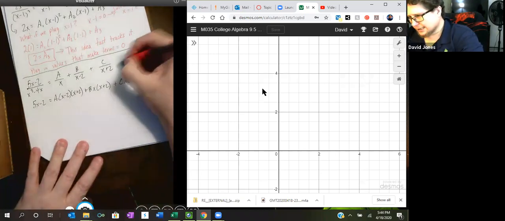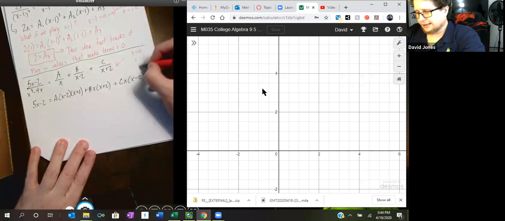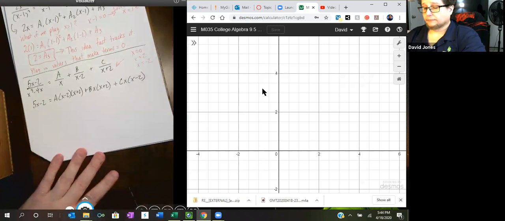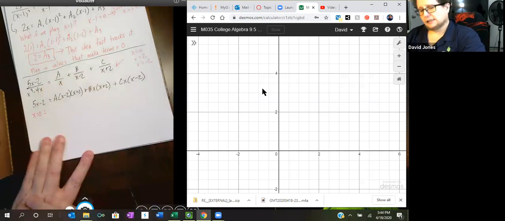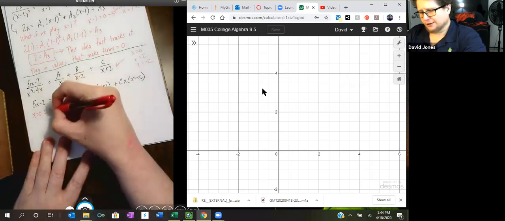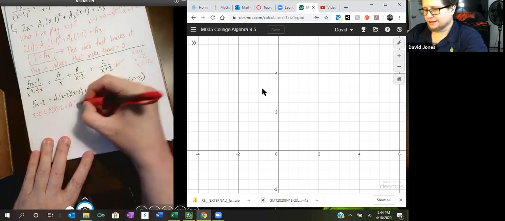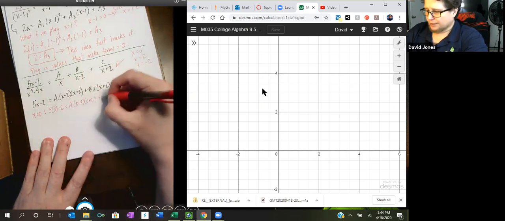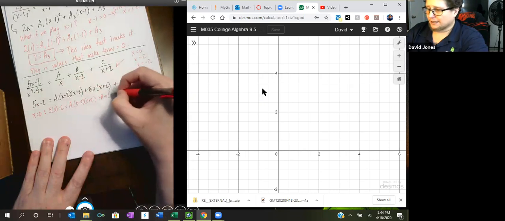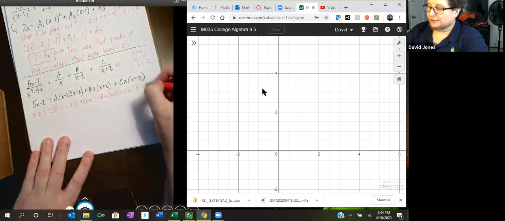There are three things that make the bottom 0: x equals 0, x equals 2, x equals negative 2. If I plug in x equals 0, what happens? I get 5 times 0 minus 2 equals A times (0 minus 2)(0 plus 2), plus B times 0 plus 2, plus C times 0 minus 2.